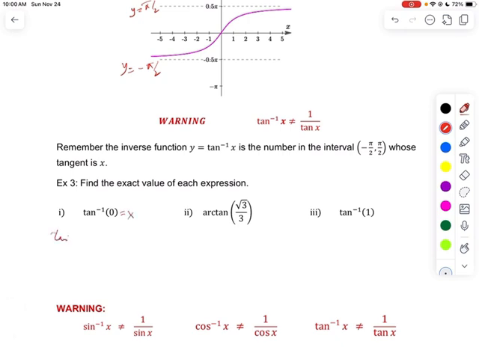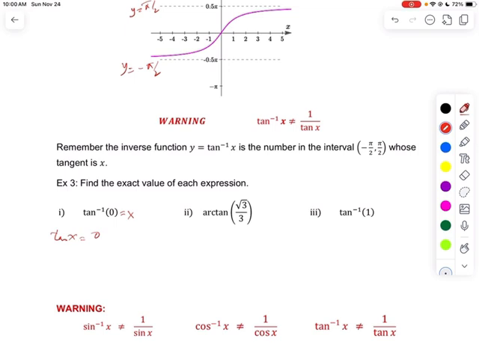It is also written as tangent inverse of x, or arctangent of x, but we abbreviate it like this, arctan.